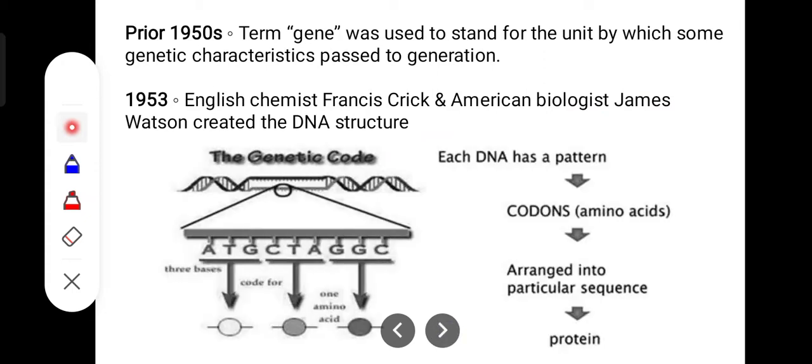So we have here the genetic code. Each DNA has a pattern. We also have amino acids arranged into a particular sequence to produce a protein. So our DNA has A, T, C, G: adenine, thymine, guanine, cytosine.